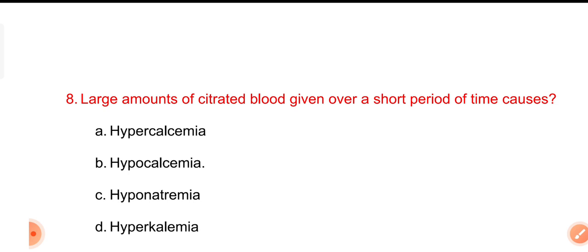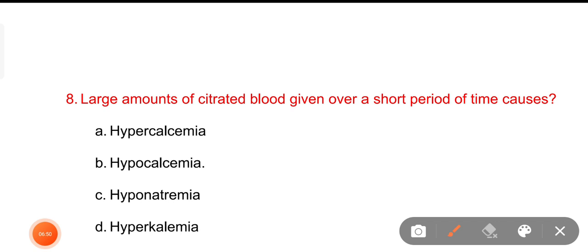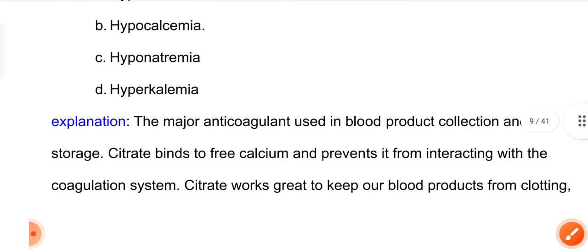The options are option A hypercalcemia, option B hypocalcemia, option C hyponatremia, option D hyperkalemia. The right option is hypocalcemia. When we give a high amount of citrated blood to the patient, hypocalcemia will occur.